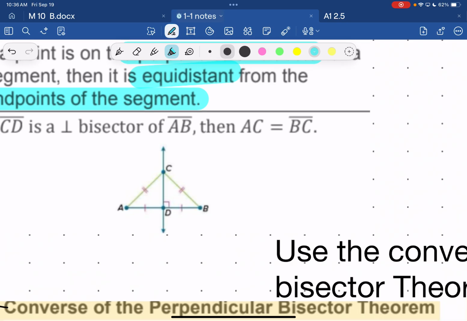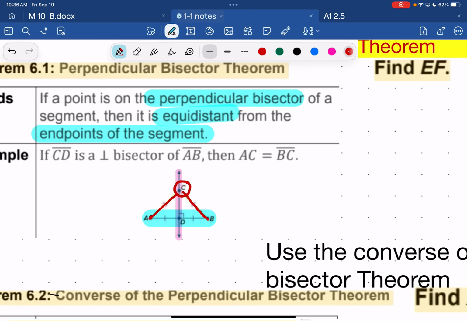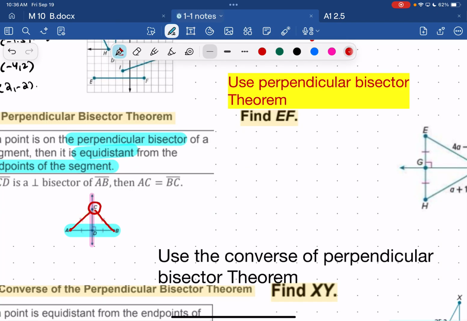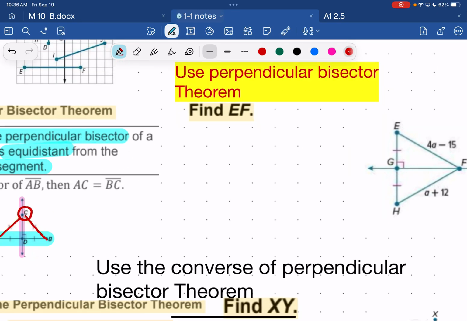So if this is the segment AB, and we have a perpendicular bisector on it, that is CD, in that case, AC would be equal to CB. Or in other words, point C would be equidistant from A and B.